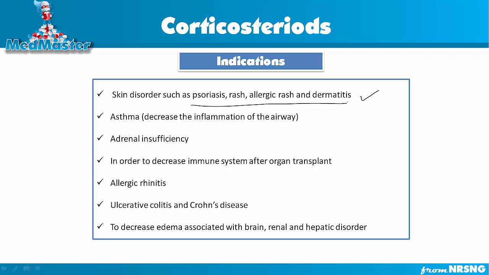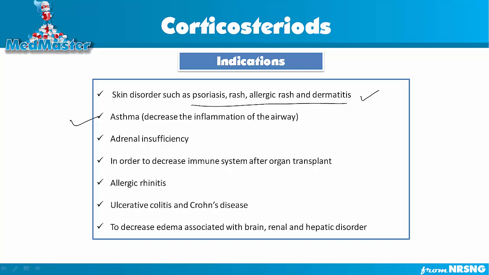We also know that it dilates the bronchial vessels and decreases inflammation. Asthma is nothing but inflammation in the bronchi, in the airway. If you give this medication to a patient, it will decrease the inflammation and at the same time dilate the bronchial muscles, which will help in asthma.